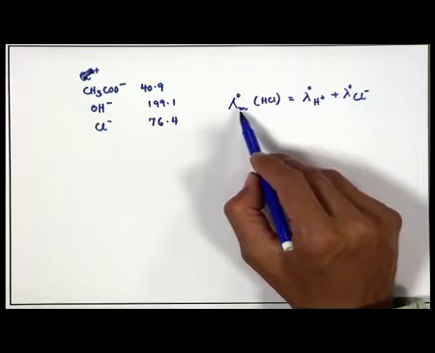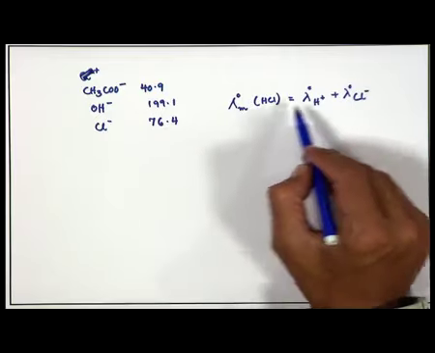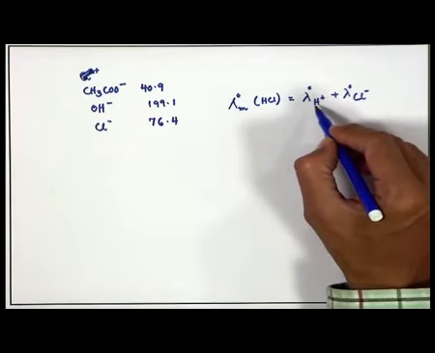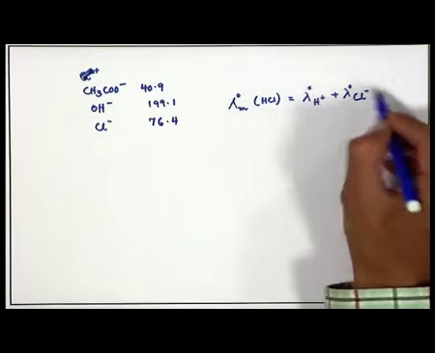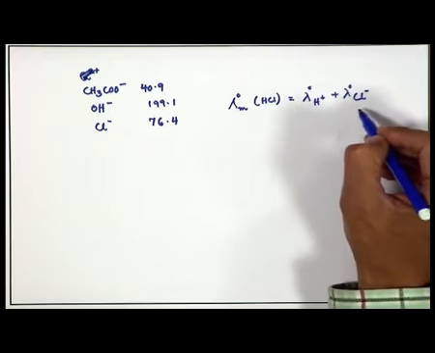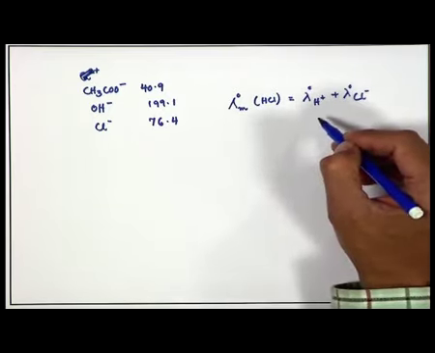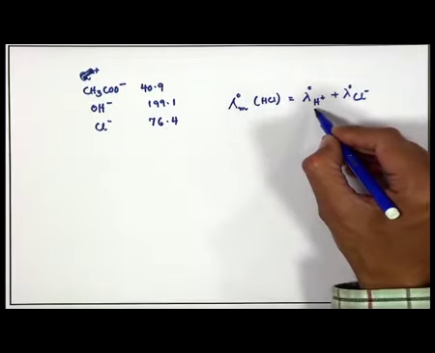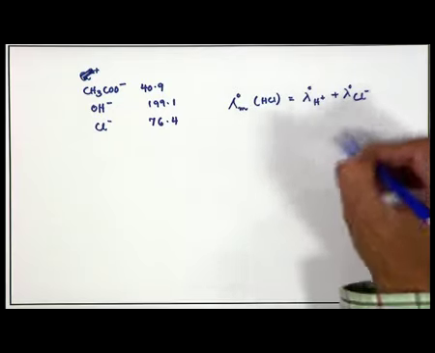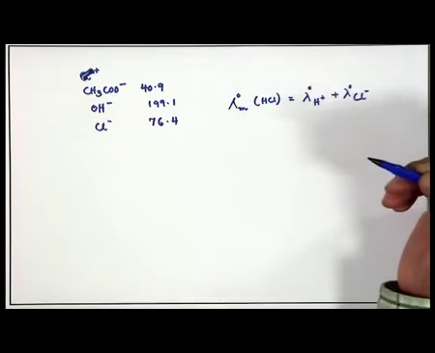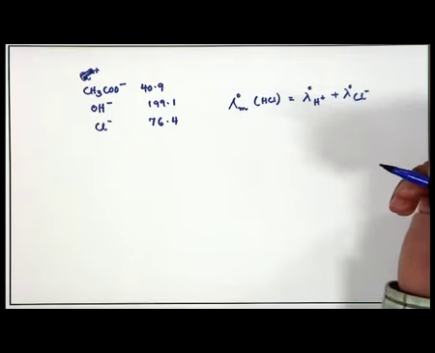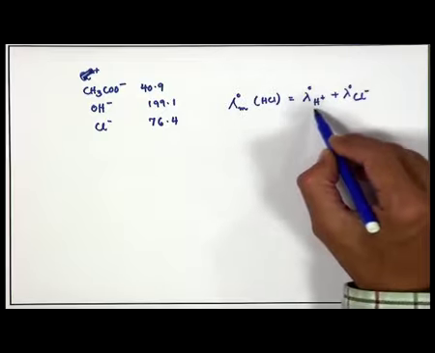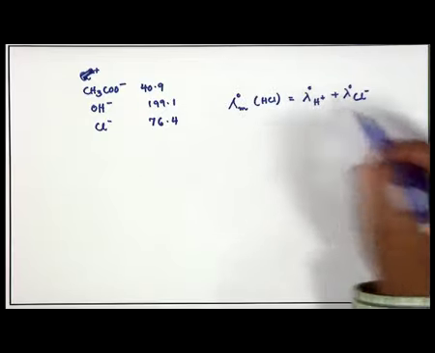In order to find this from experimental data, you consider several different combinations of electrolytes, and by trial and error you plug in different numbers for the positive counterpart and the negative counterpart, and you may arrive at some numbers which will give a faithful value for these lambda 0 quantities for different ions.